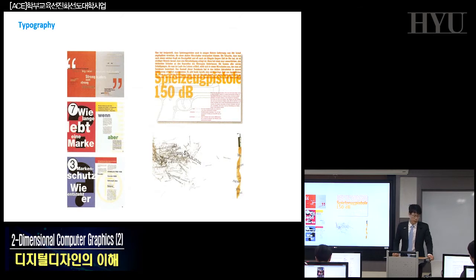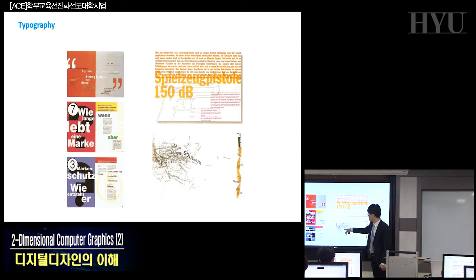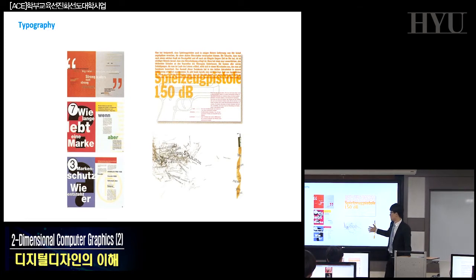Take a look at typography examples. Actually, these examples are graphically used typography. Lots of text, only text geometry used for this page design. Nothing else, no visuals or graphics, illustrations, photos.